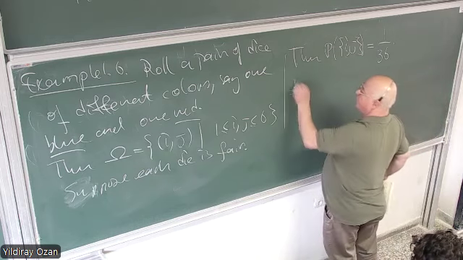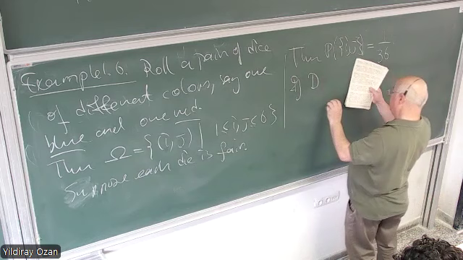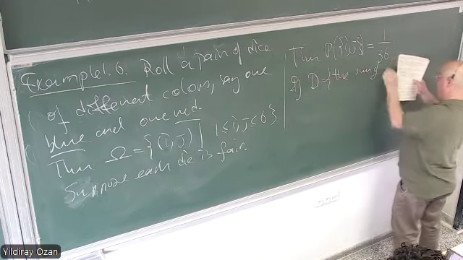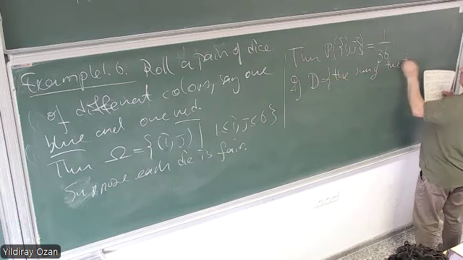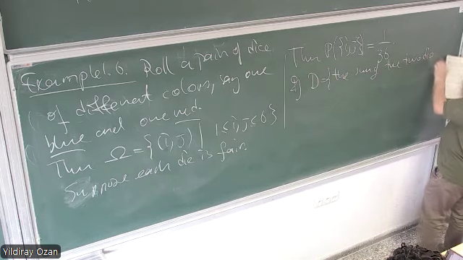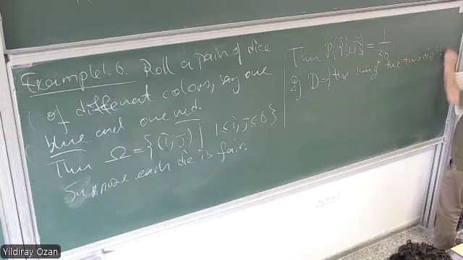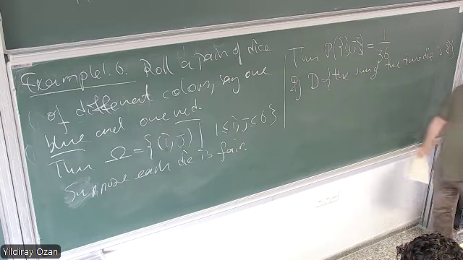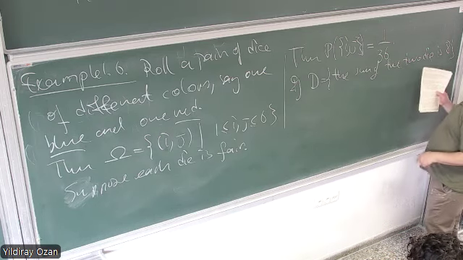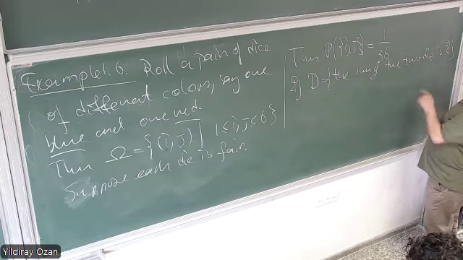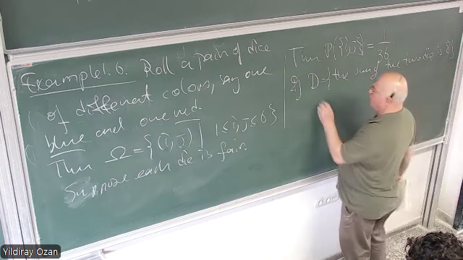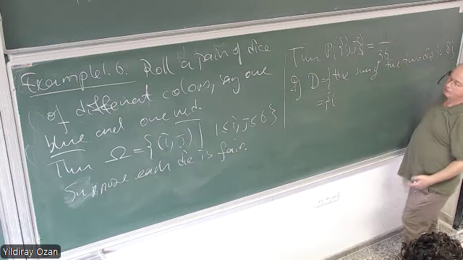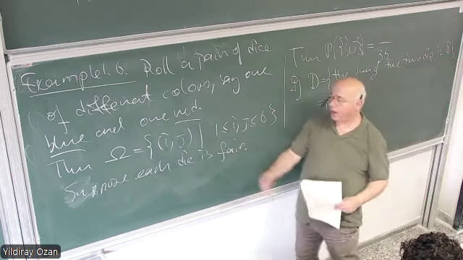Well, if D is the event, suppose the sum of the two dice is 8. Then what is this set as a subset of omega?